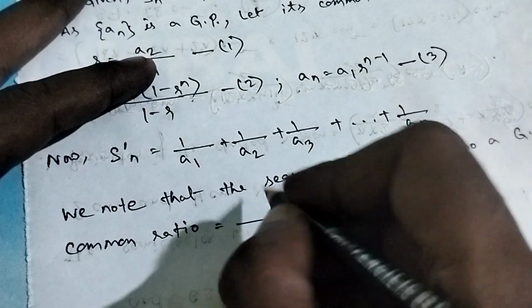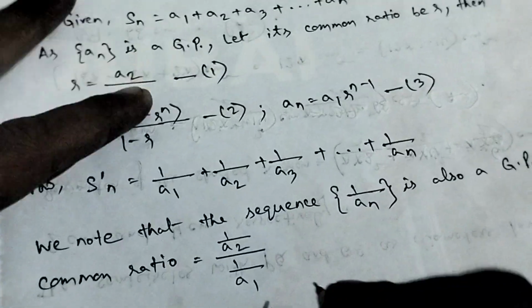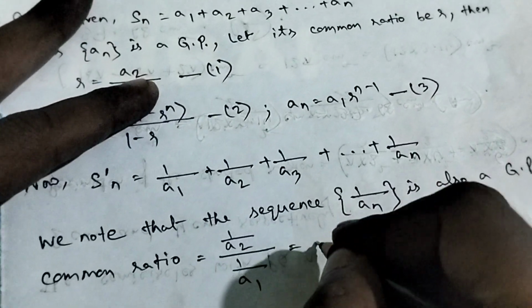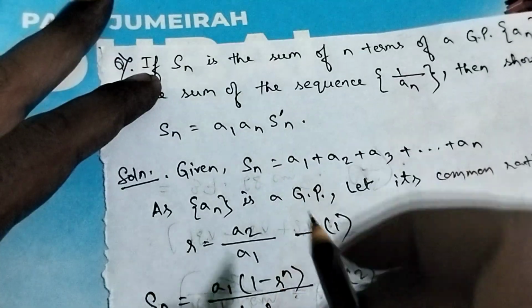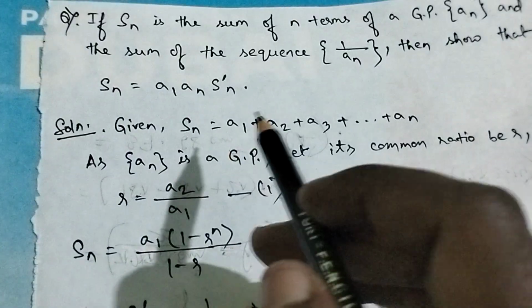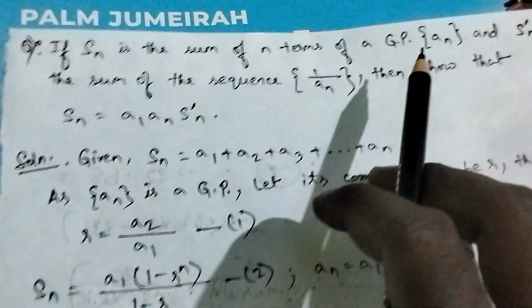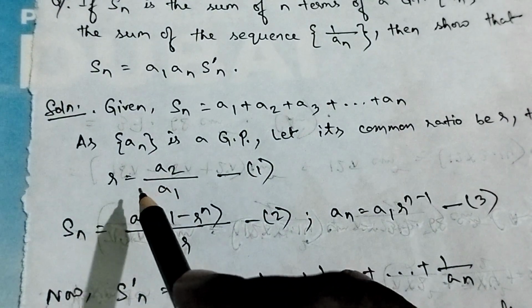Second term by first term. What is the second term? 1 by A2 by 1 by A1, so it is A1 by A2. What is R? R was A2 by A1, for the first sequence An.